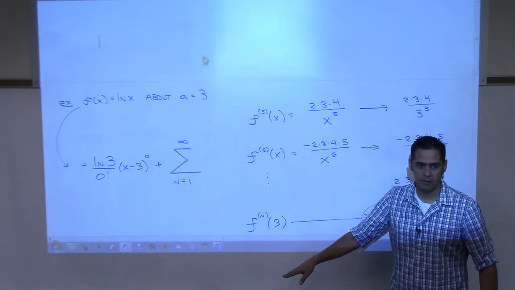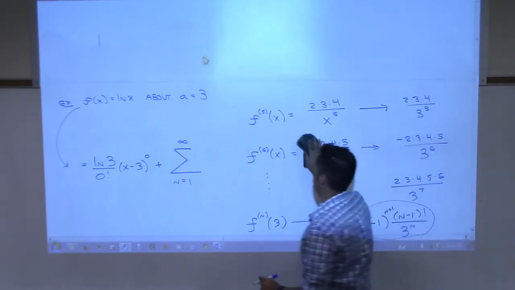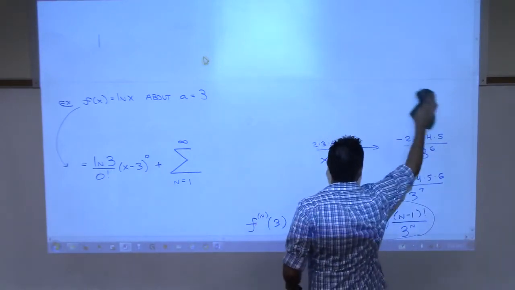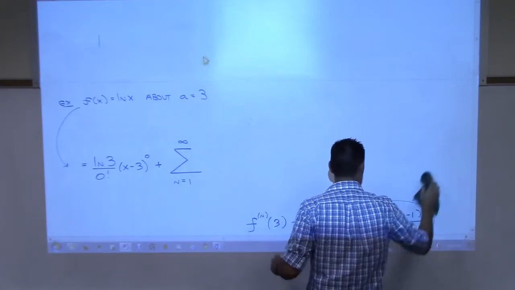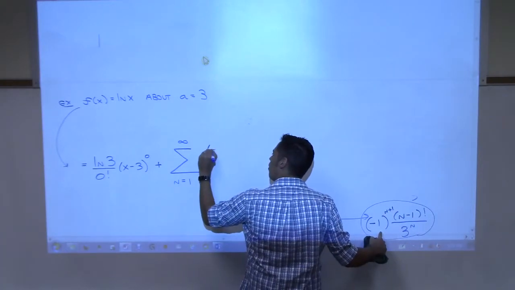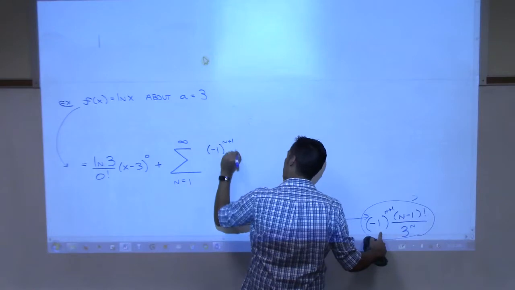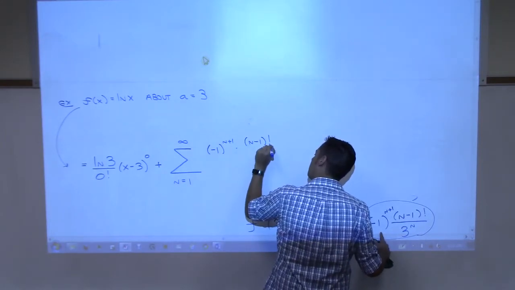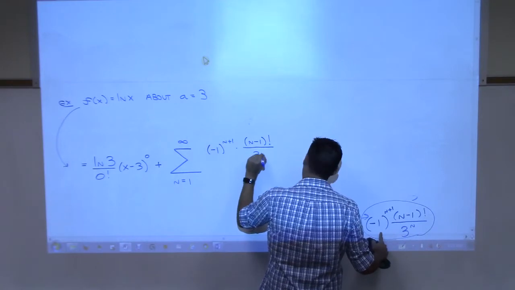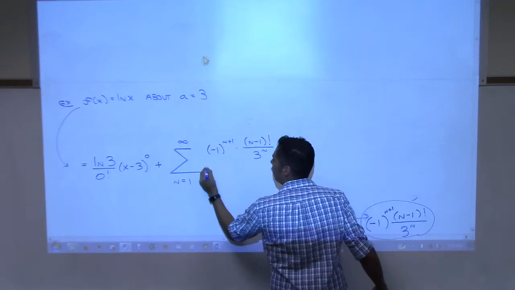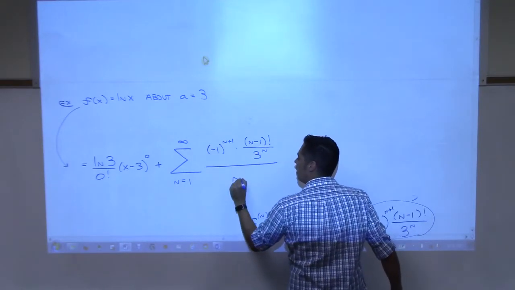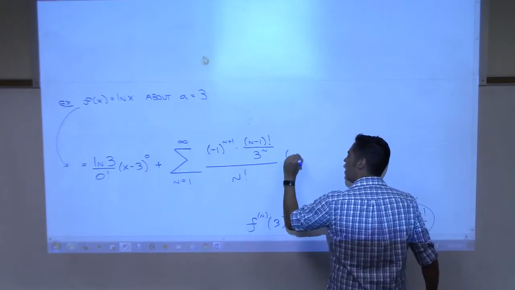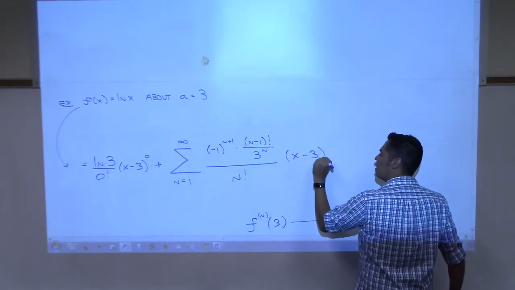Yes? You all right? Okay, erase this. So here comes my formula, right here. Negative 1 to the n plus 1 times n minus 1 factorial over 3 to the n, but all of that over n factorial, then times x minus 3 to the n.